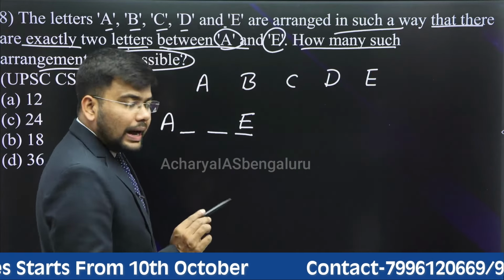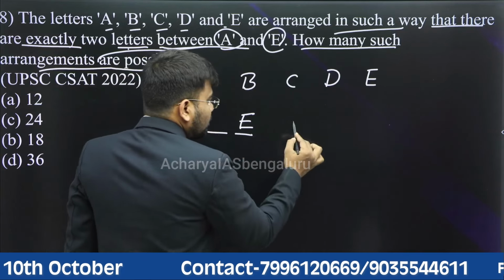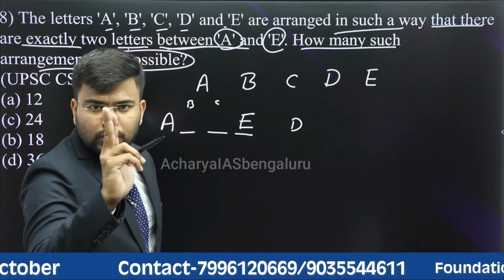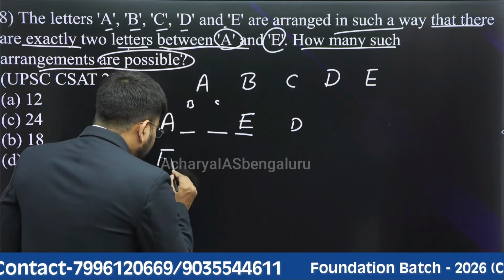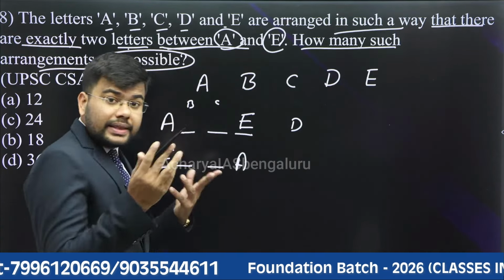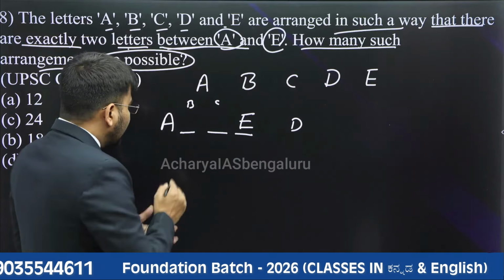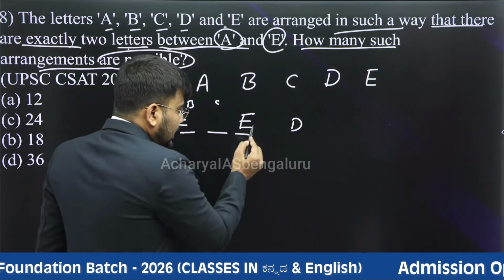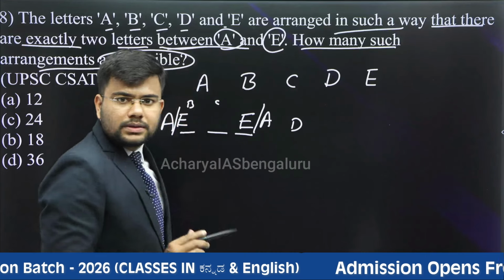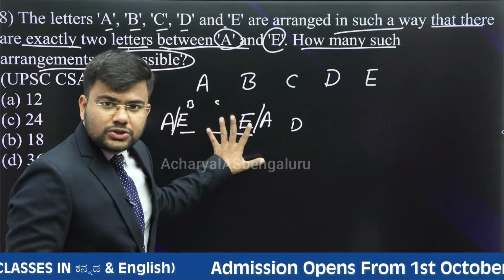Apart from that, I can put B, C, D in between. Sir, can I write E first and A later? Yes, that is also one possible condition. That means either I can put E here or A. How many conditions? 2.